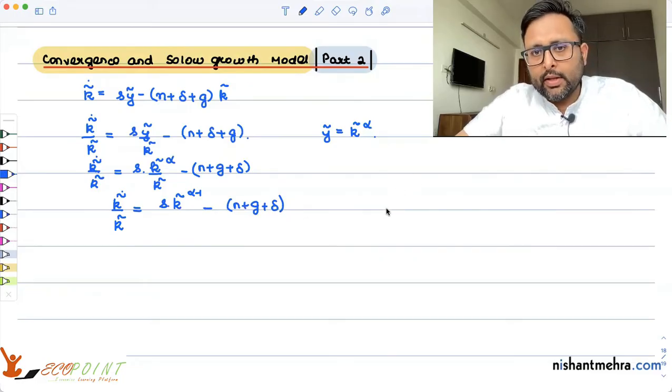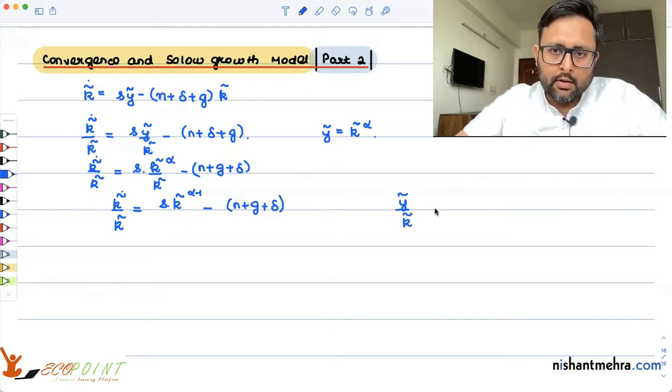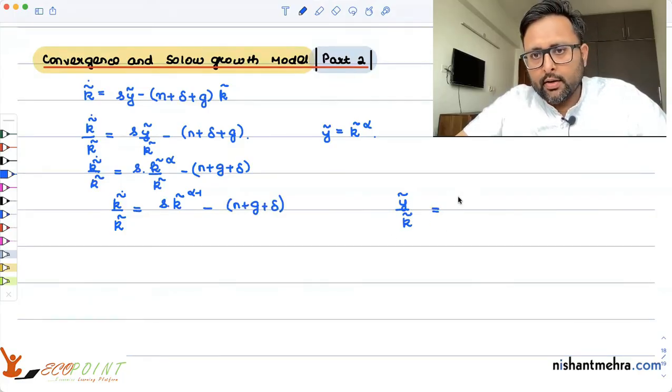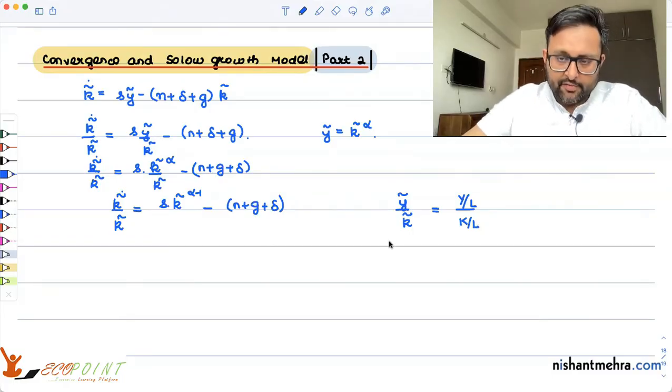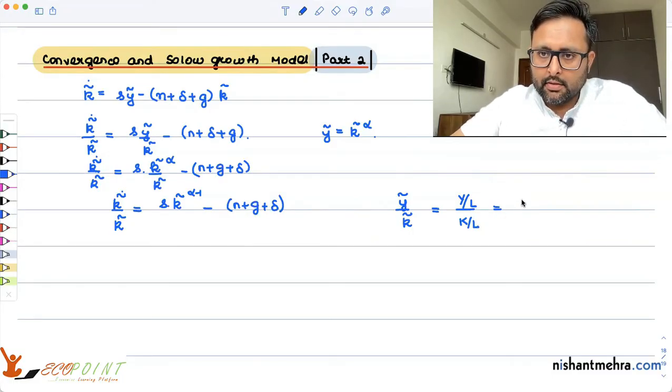Remember one thing. When you say small ỹ upon small k̃, that would mean the average product. Why? Because this is capital Y upon L over capital K upon L, right? That is nothing but the average product of capital.